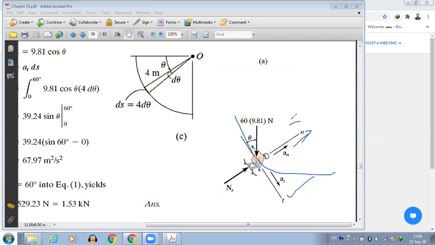That will be the positive n direction, and that will be the positive t direction. This will be the normal reaction of the track over the skateboarder, and there will be the weight, acting at angle theta. So that's the free body diagram. Do you understand the free body diagram? Is there anything in it which any student does not understand? You can ask.